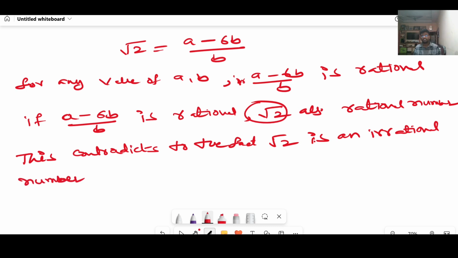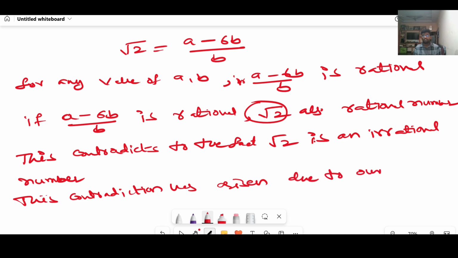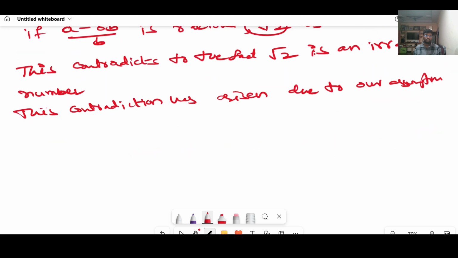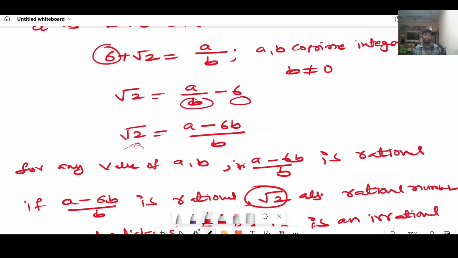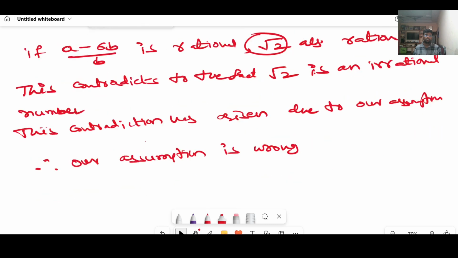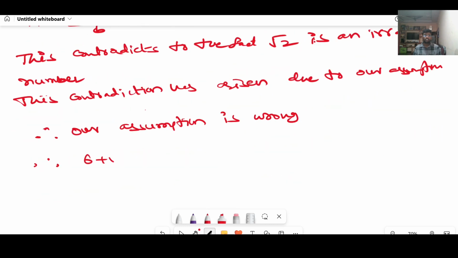Why has this contradiction arisen? This contradiction has arisen due to our wrong assumption, right? Therefore our assumption is wrong. Then what is correct? Look here, what is the question? 6 plus root 2 is, therefore, 6 plus root 2 is an irrational number.